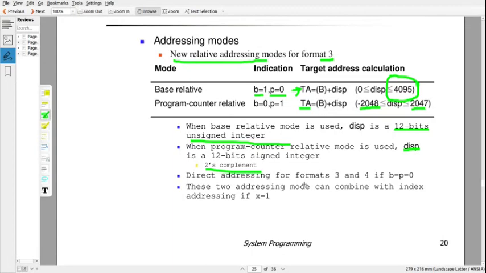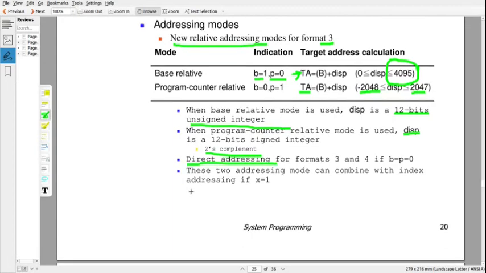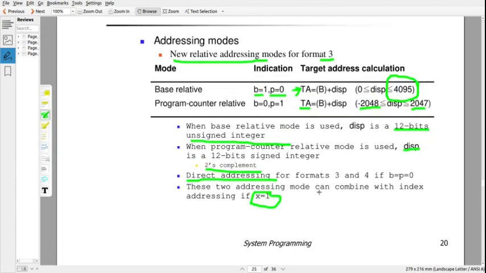is direct addressing mode. This base relative and program counter relative addressing mode can combine with another flag bit, X, which indicates whether the instruction is in index addressing mode. If X is equal to 1, it is in index addressing mode. If X is equal to 0, it is not. So if X is equal to 1 with base relative, you can tell it is base relative index addressing mode.